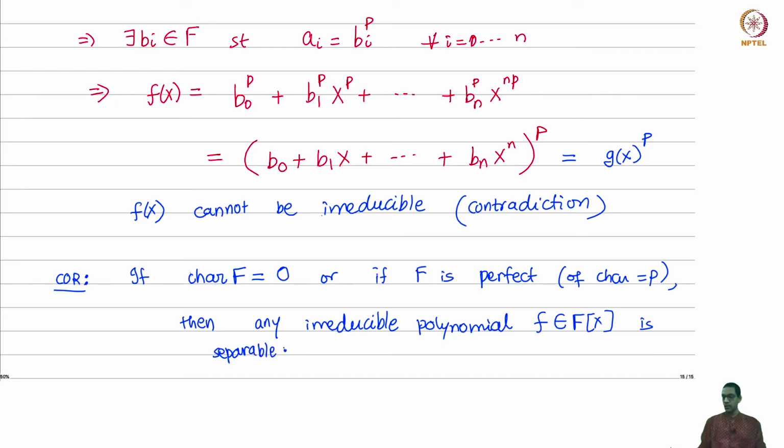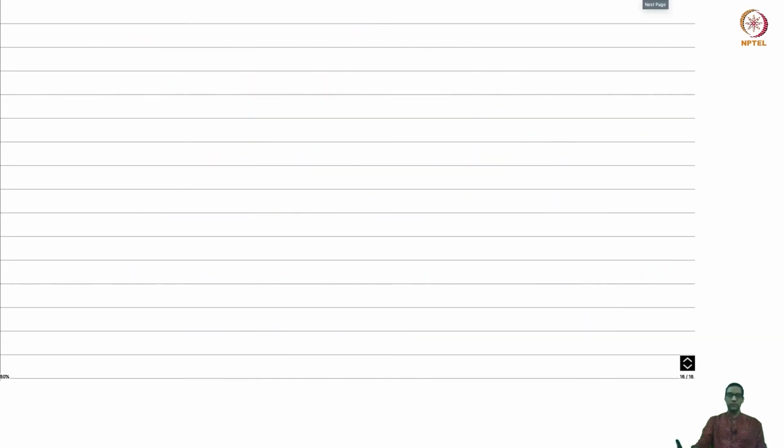Now finally, coming to the point that we began at the very beginning, which is to talk about separable extensions. So far we talked about separable polynomials. When do we call an extension separable? So let's talk about separable extensions. The definition is the following.